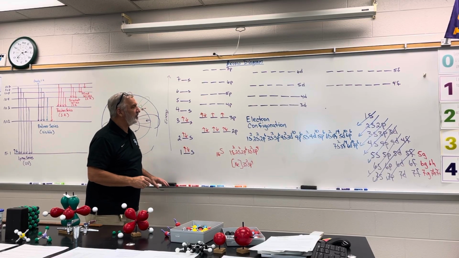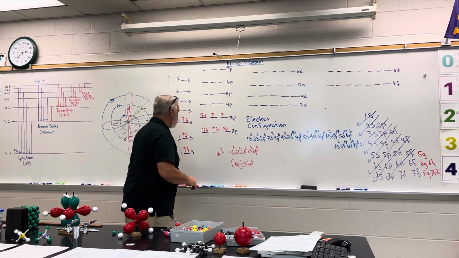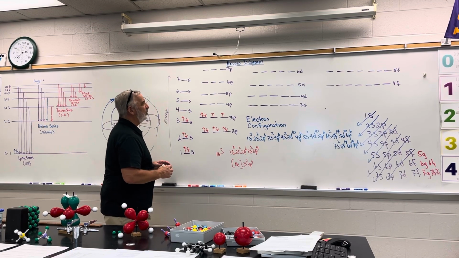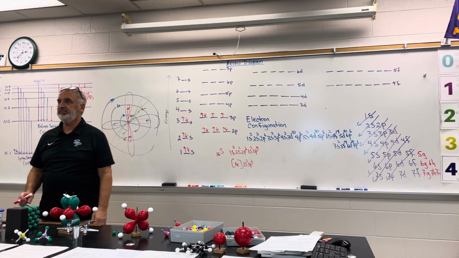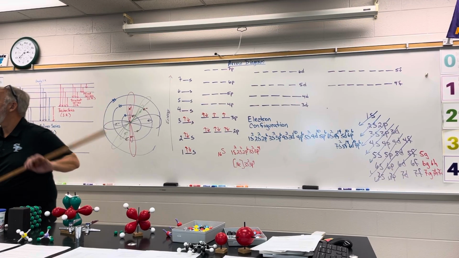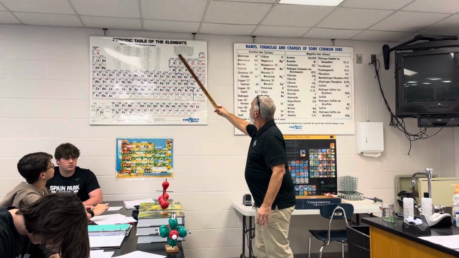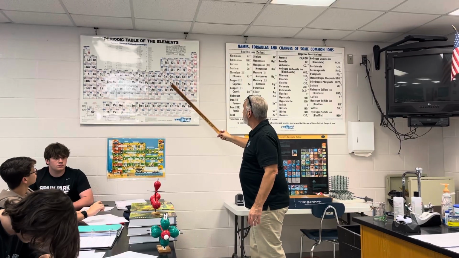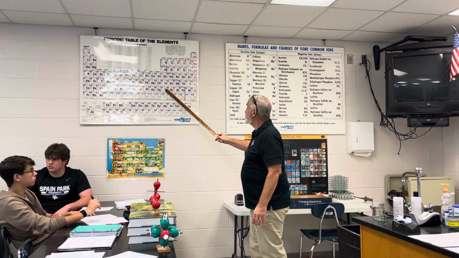Okay? But one other thing that we need to talk about, and when we do this, I'm gonna go with lead. Where is lead's last 2 electrons gonna be? Lead is right here, number 82. So it's 1, 2, 3, 4, 5, 6 P, and how many in the 6P? 2 electrons.